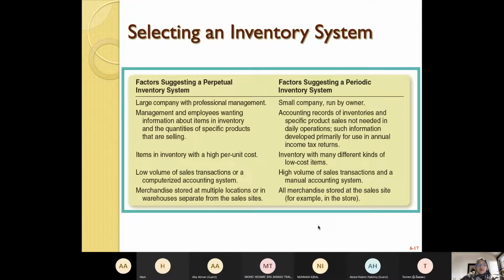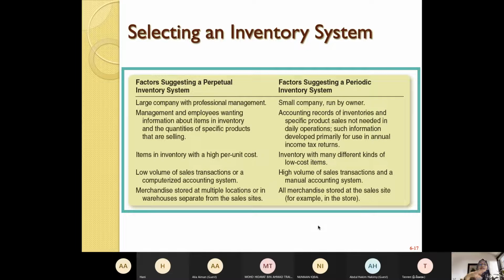So without a computerized system, a large volume of sales will not be able to be captured, right? At the same time, the perpetual system is also appropriate for companies that have merchandise which are stored at multiple locations. So again, perpetual is for big companies.